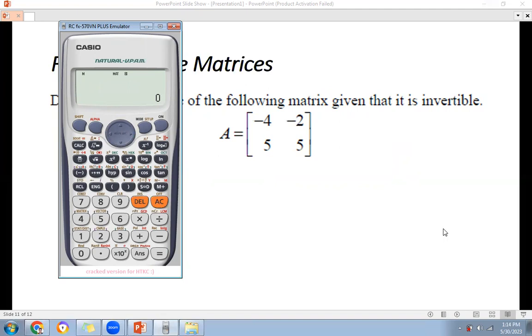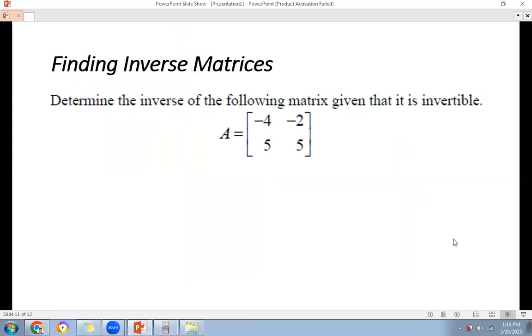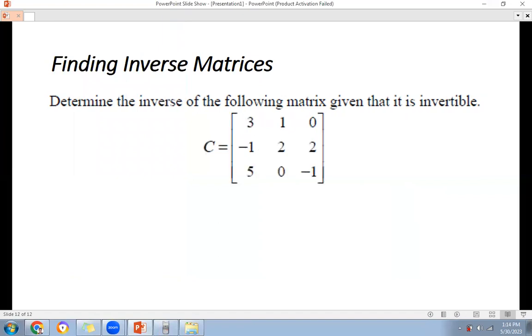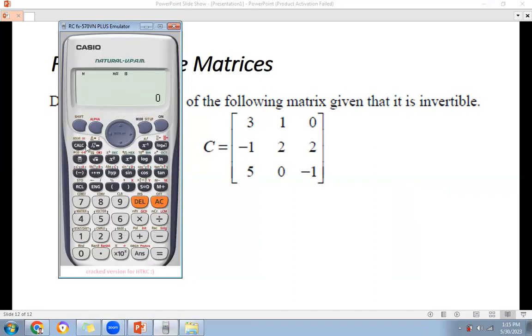Usually this is available for square matrices, but not all the time. It's not always applicable. Next, let's try this matrix C. This is 3 by 3.